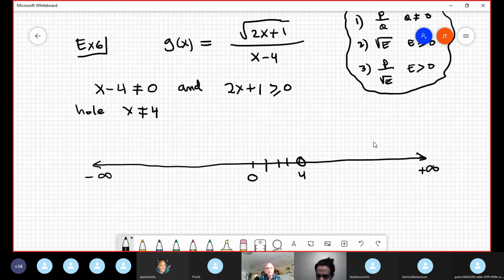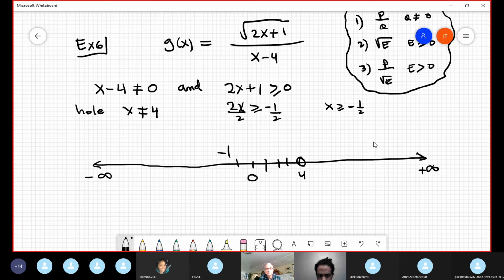Now let's solve that part. That part is easy. It's 2x plus 1 greater than or equal to 0, so 2x is greater than or equal to negative 1. Divided by 2, and when you divide by a positive, the inequality sign stays the same. x is greater than or equal to negative 1/2.